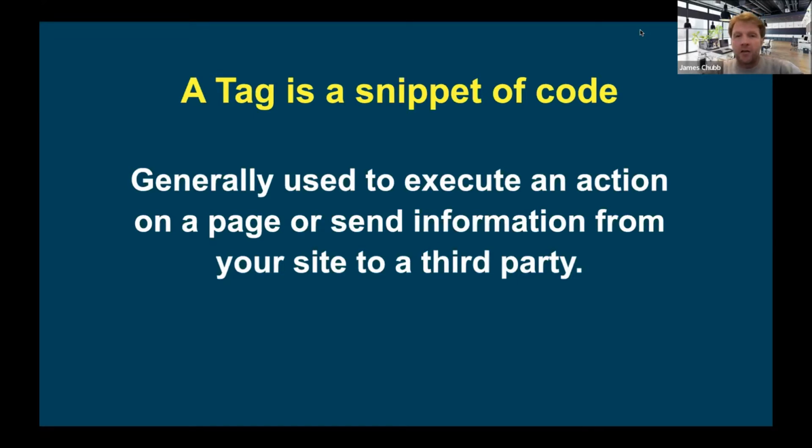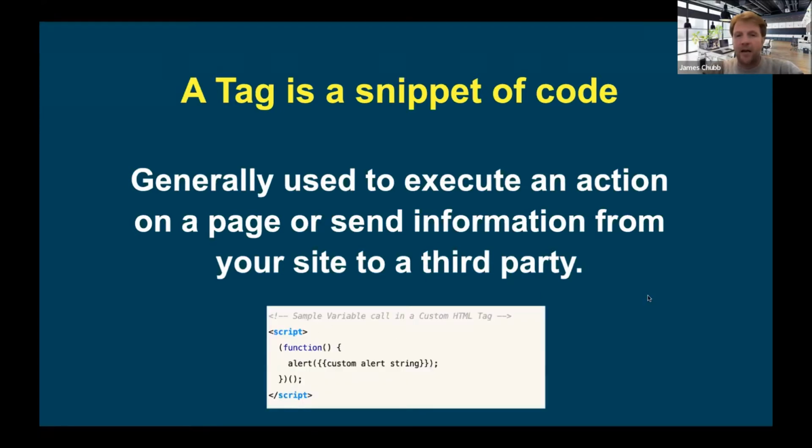And it's generally used to execute some type of action on a page on your site, or to send information from your site to a third party. Basically, it's including a snippet of code on your site to send information or do some type of an action. It can be any type of code, HTML, JavaScript, etc.